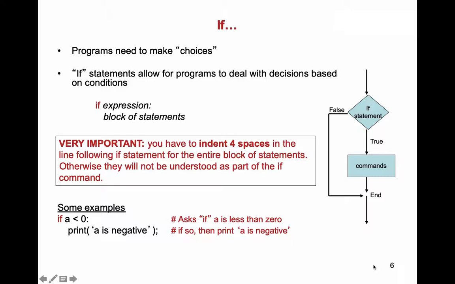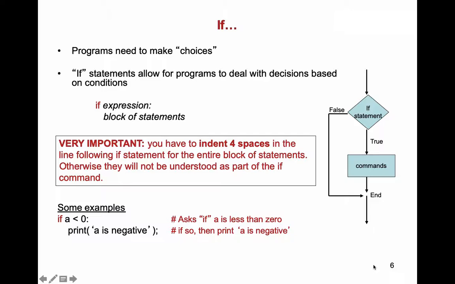And then I also have to indent. Maybe I want to just print one thing, maybe I want more things to happen, which takes some coding. That block of statements would be indented, and that's how Python knows that's what it should do after this is true. Okay?